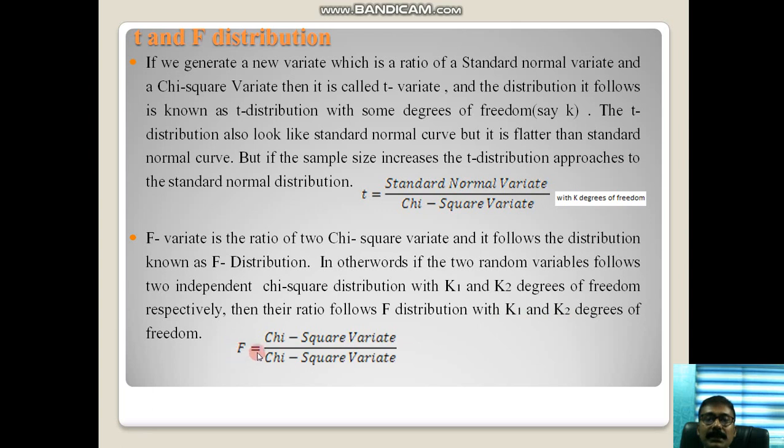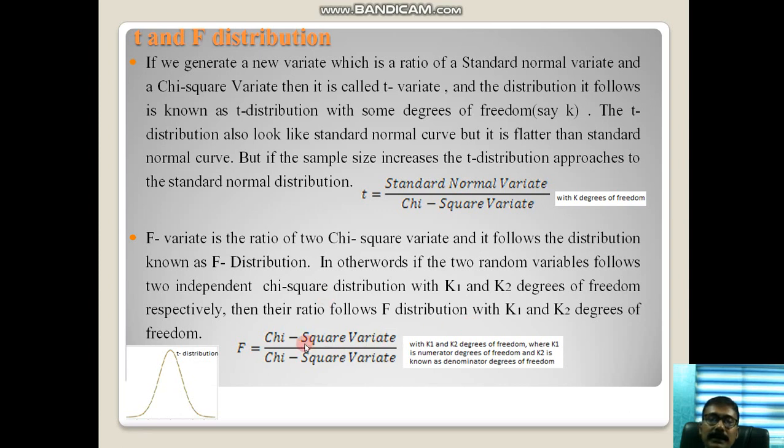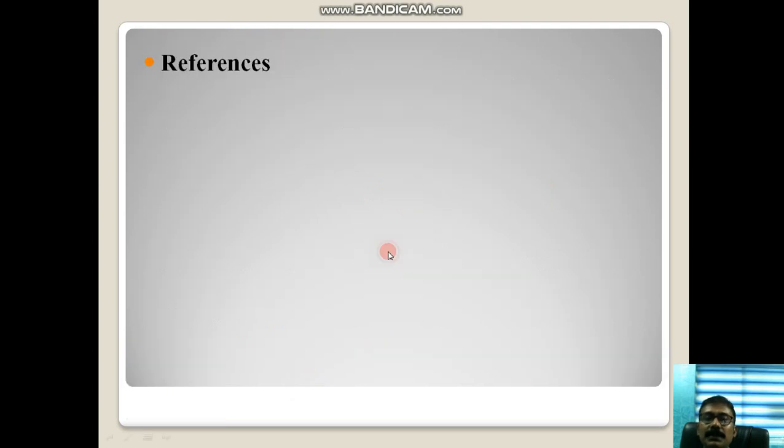So F variate equals a chi-square variate with degrees of freedom k1 divided by another chi-square variate with degrees of freedom k2. It has k1 and k2, the 2 degrees of freedom. One is known as numerator degrees of freedom, another is known as denominator degrees of freedom. It will be helpful at the time of taking the table value from the F table. So this is the shape of the T distribution, this is the shape of the F distribution.